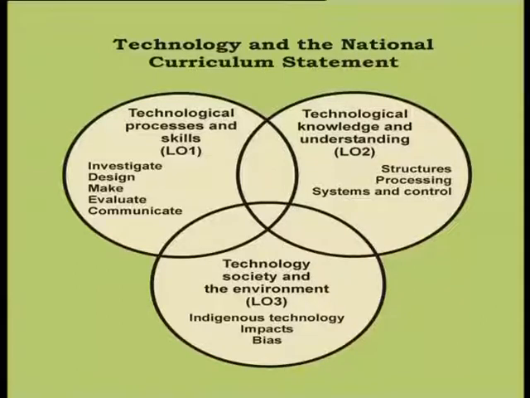We have 3 outcomes: technology processes and skills, or LO1, use technology knowledge, or LO2, science, technology and society, or LO3. Each outcome has a set of assessment standards to go with it.